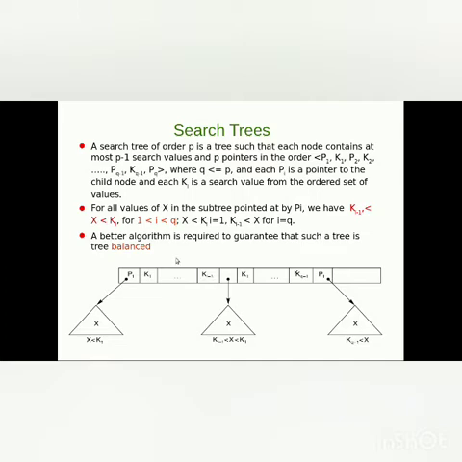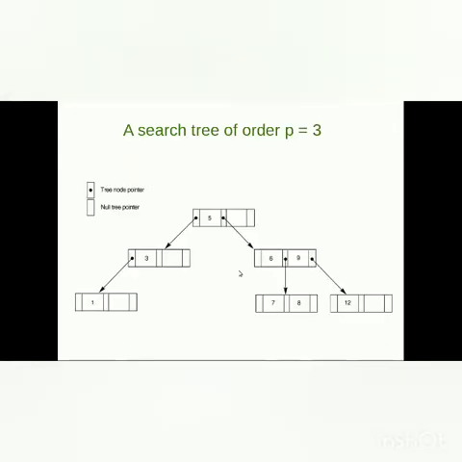Here, in this multi-way search tree, a better algorithm is required to guarantee that such a tree is always balanced. Consider an example of a multi-way search tree with a node structure like this, and let us assume we want to search whether 11 is present or not. The lookup is like this: search in the root.